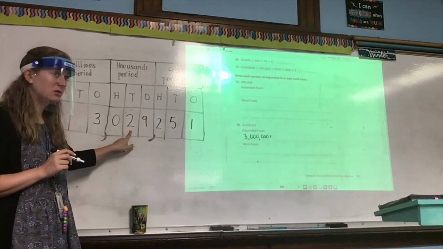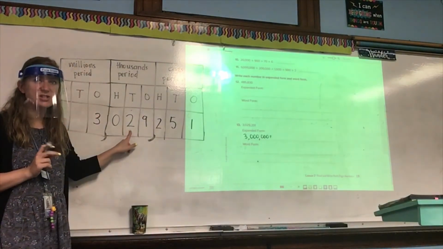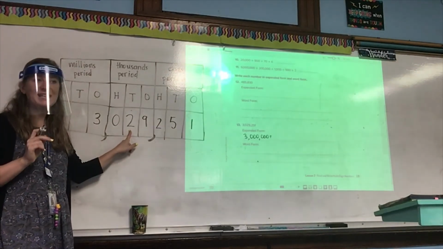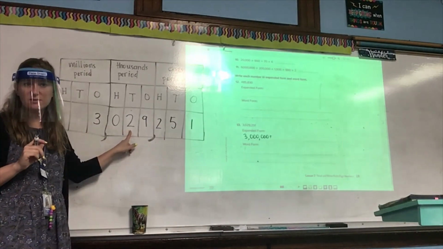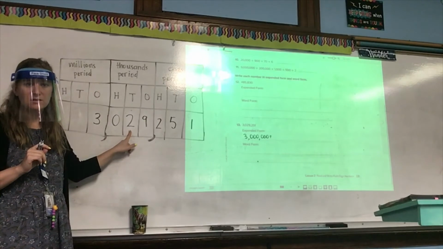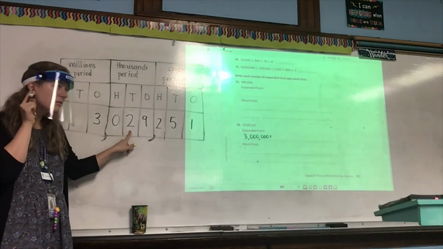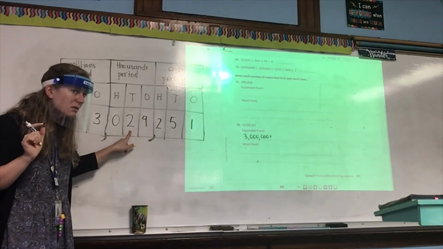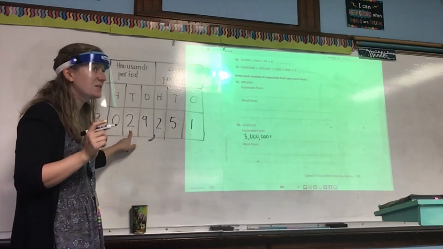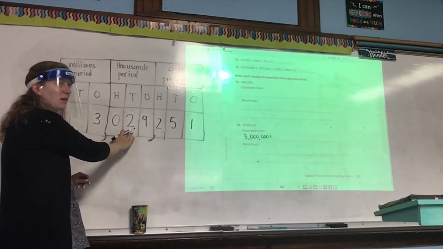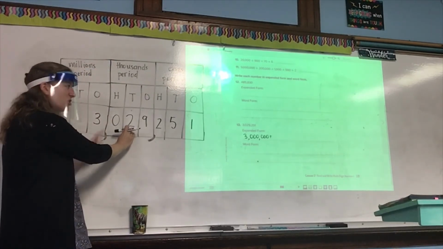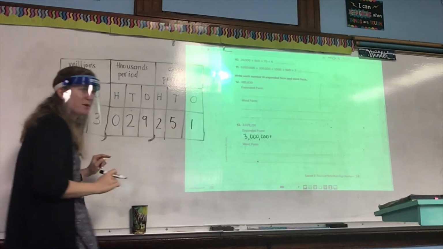Just 2? Can somebody help her out? How much is a 2 in the 10,000s place worth? Zari? 20,000. All you're doing when you're finding the worth is keeping that digit in that place and turning the rest of them into zeros.